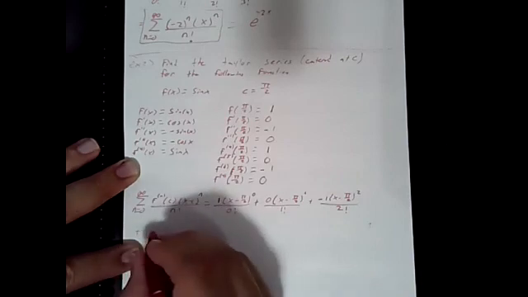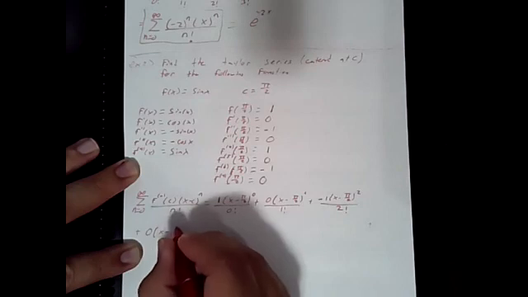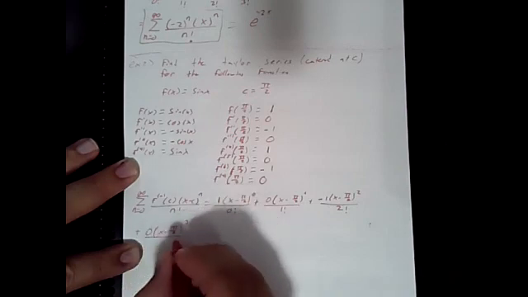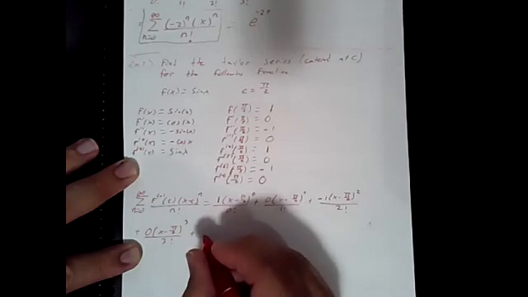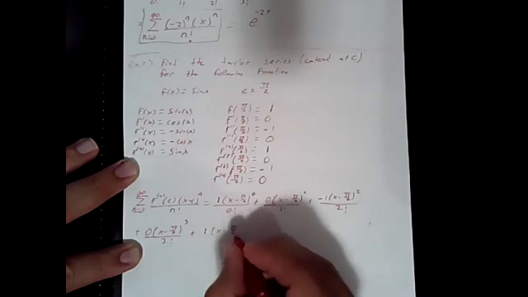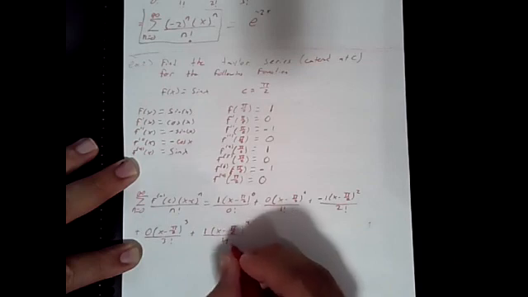Plus, after negative 1, we got a 0, so 0 times x minus pi over 2 cubed over 3 factorial, plus the fourth one, which is positive again: x minus pi over 2 to the fourth over 4 factorial.